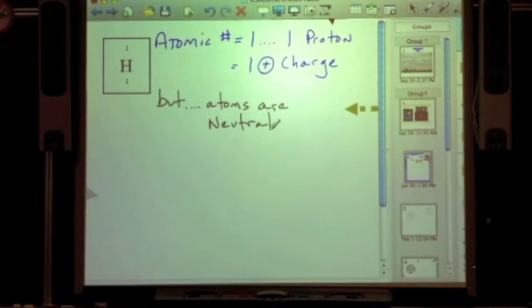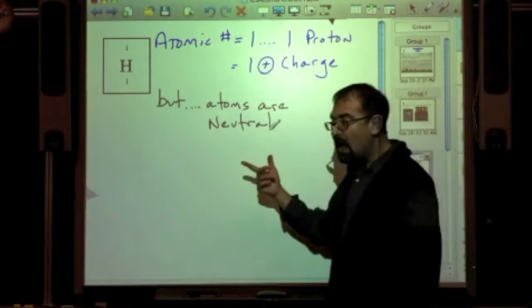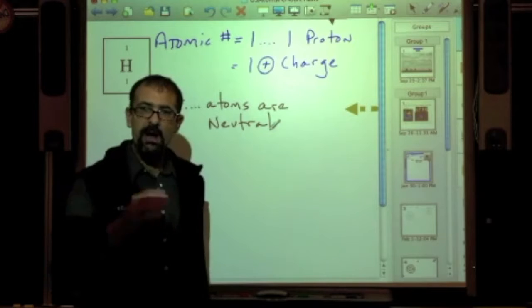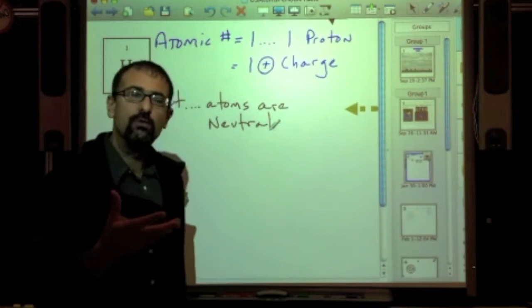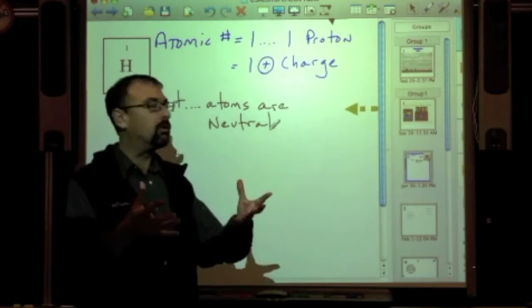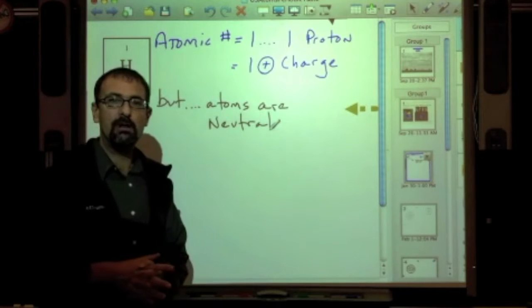So if hydrogen's atomic number is 1, which means there is 1 proton, and protons equal a positive charge, so hydrogen has 1 positive charge, but atoms are neutral, I've left you with a paradox: how are we going to make this atom neutral if hydrogen has 1 plus charge?